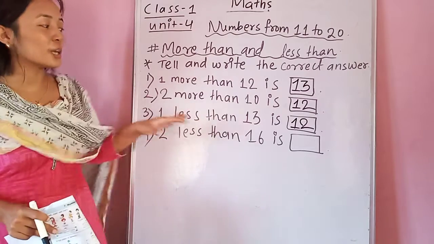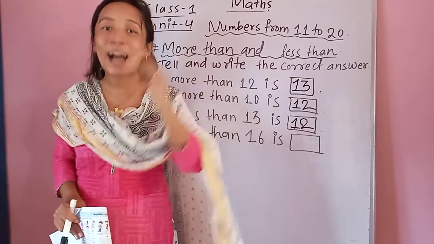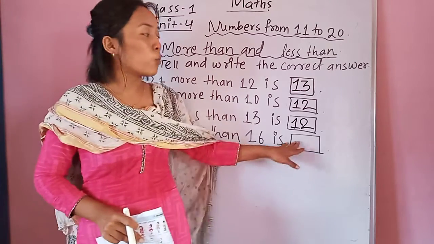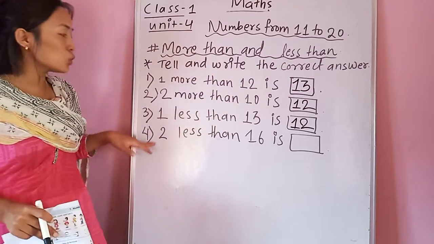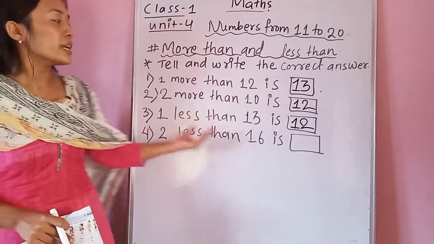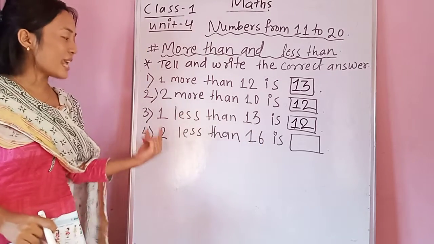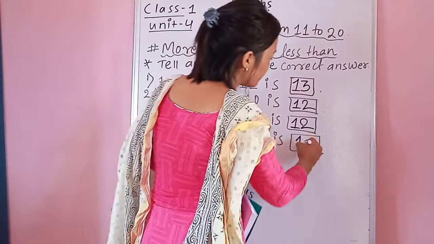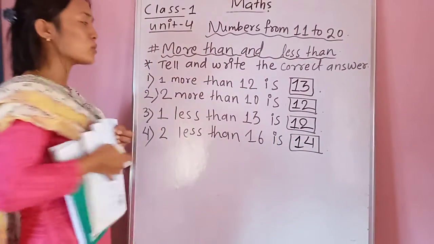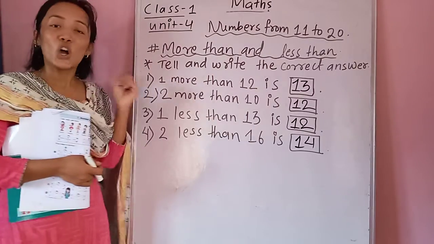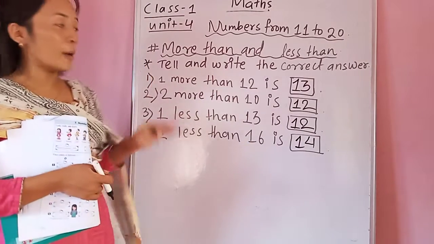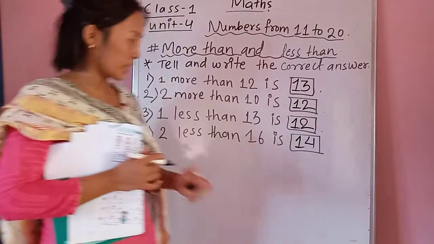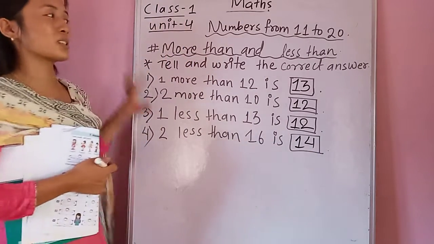Then after giving 2 flowers to your friends, if you count, you will find that you have 14 flowers. So that means if there is 2 less in 16, then the number that remains is 14. यदि 16 वटा कुनै पनि सामानबाट दुईटा सामान घटाइन्छ अथवा कसैलाई दिइन्छ भने त्यतिखेर कतिवटा सामान बच्छ 14. There will remain 14. Okay, so this is the way to solve such types of questions.